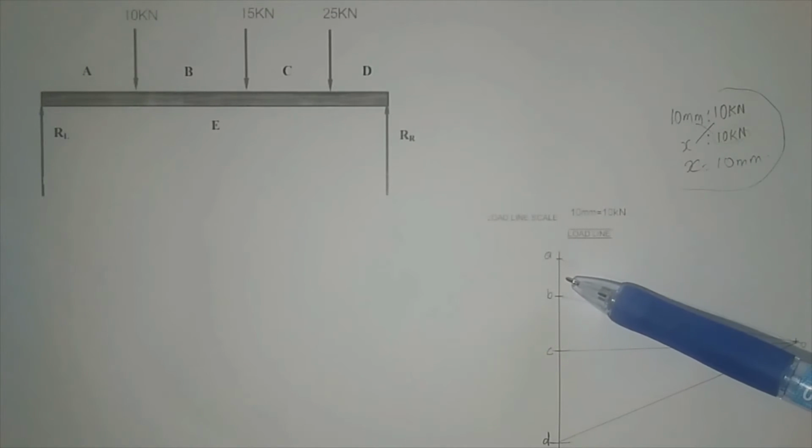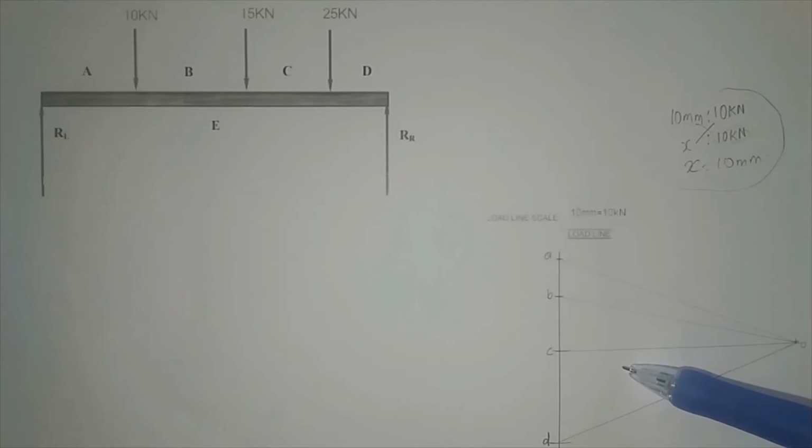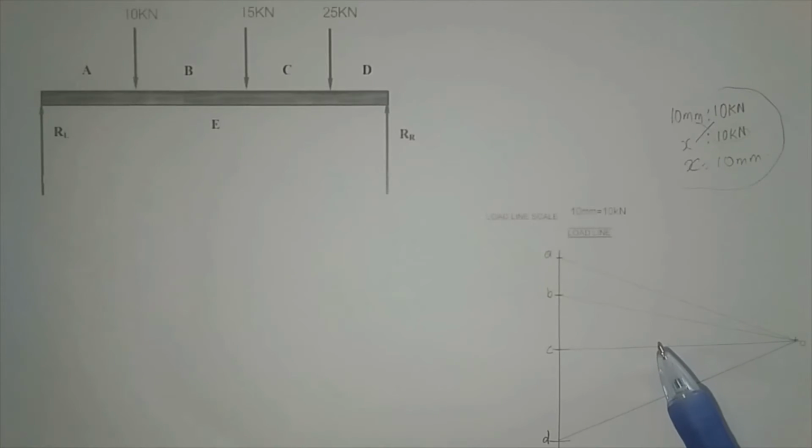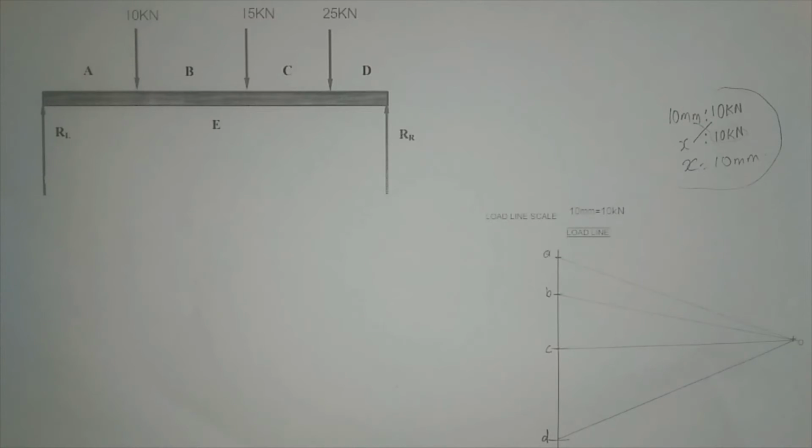This diagram I have just drawn is called a load line diagram or a polar diagram. After drawing the load line diagram, you need to draw a link polygon.